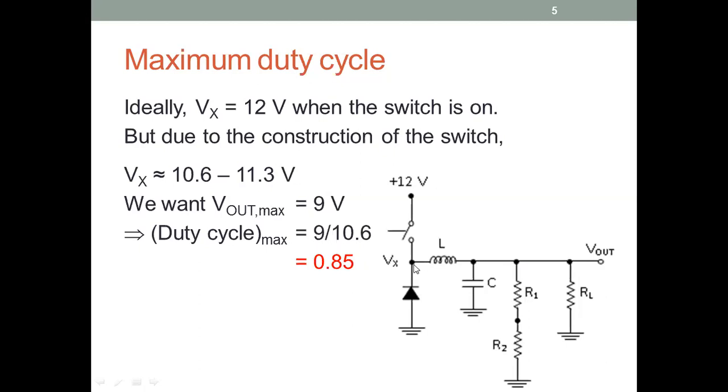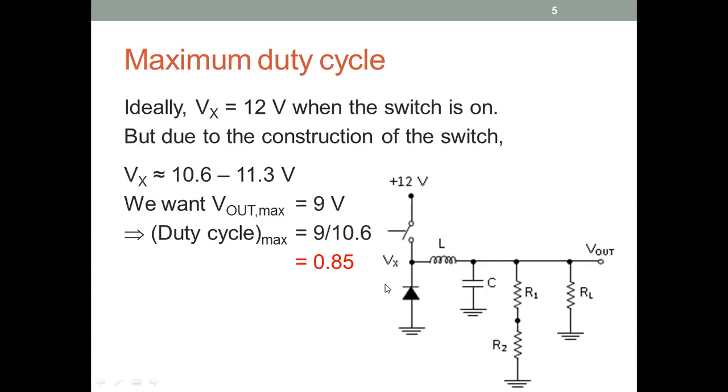That decides the duty cycle of the switch, which determines, as you recall, the output voltage compared to the input voltage. So the duty cycle has to be 0.85 at the max. It will be lower if the output voltage required is lower. So this becomes a requirement for our design: the maximum duty cycle has to be 0.85.